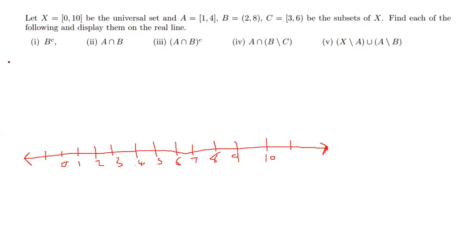So A intersection B. I know that A is ranging from 1 to 4, and B is ranging from 2 to 8. So how do I find A intersection B? Meaning, how do I know the common elements which are in both A and B?